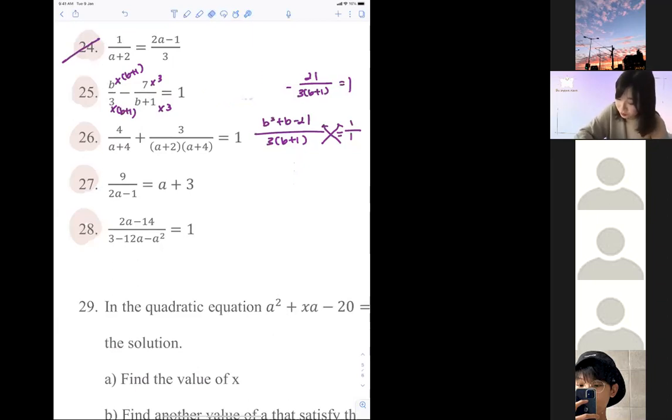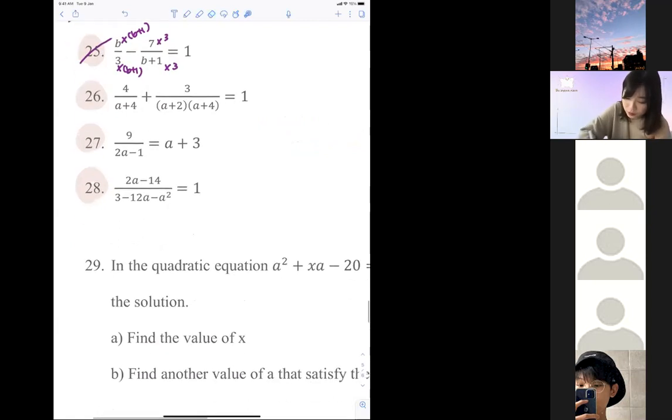Mani, can you send me 25? Then slowly, this one is a bracket. Okay, here when you multiply has a bracket as well. Yeah.